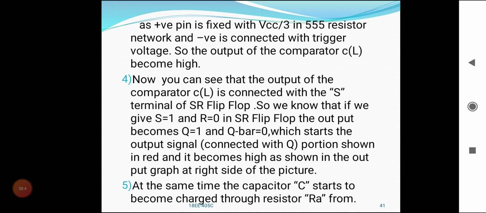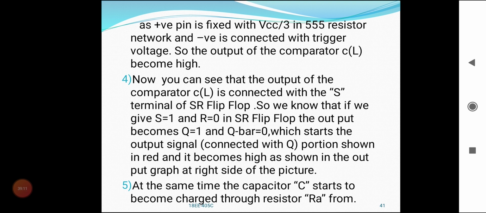Now we can see that the output of the comparator CL is connected with the S terminal of the SR flip-flop. So we know that if we give S equal to 1 and R equal to 0, the SR flip-flop output becomes Q equal to 1. That means the flip-flop is set to logic high.